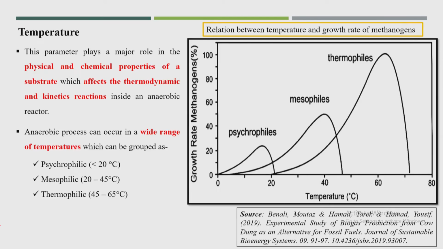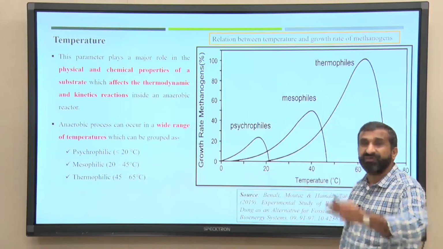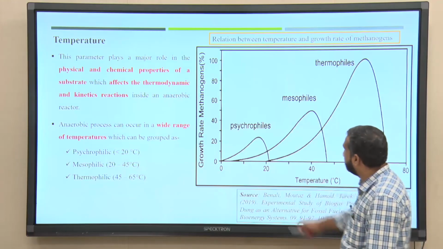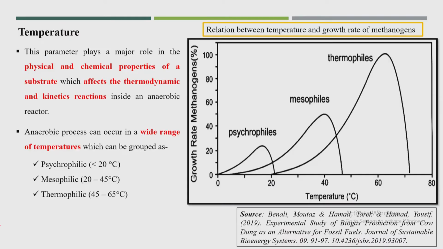So, if you see here the growth rate of methanogens, at which temperature the methanogens will grow fast. In the psychrophilic range, you will not get much growth of methanogens.